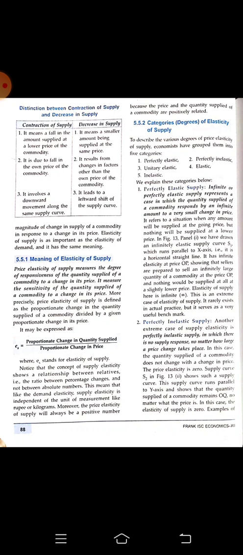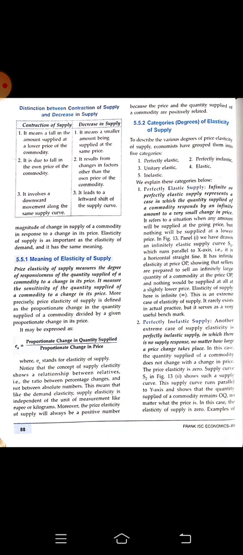It measures the sensitivity of the quantity supplied of the commodity to a change in its price. As there is a change in its price, we are going to understand how much change in price is going to affect the supply.